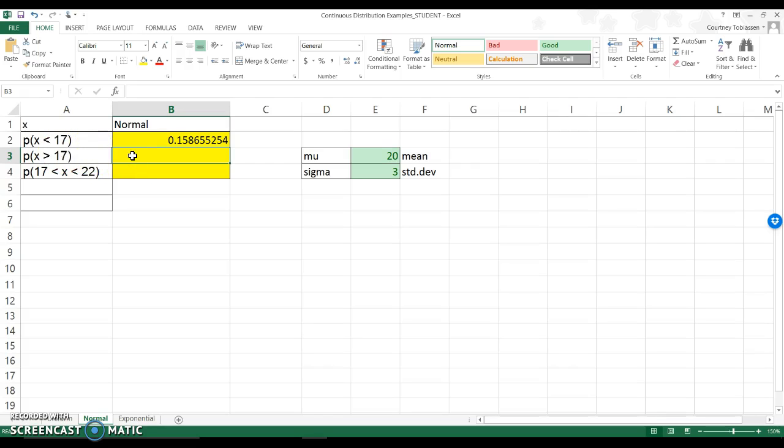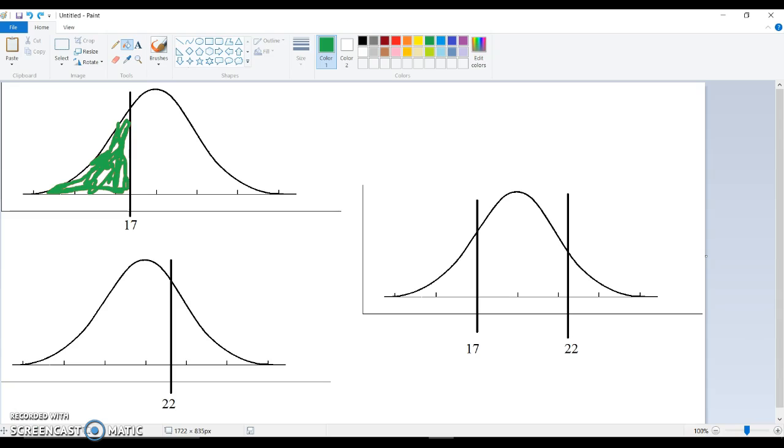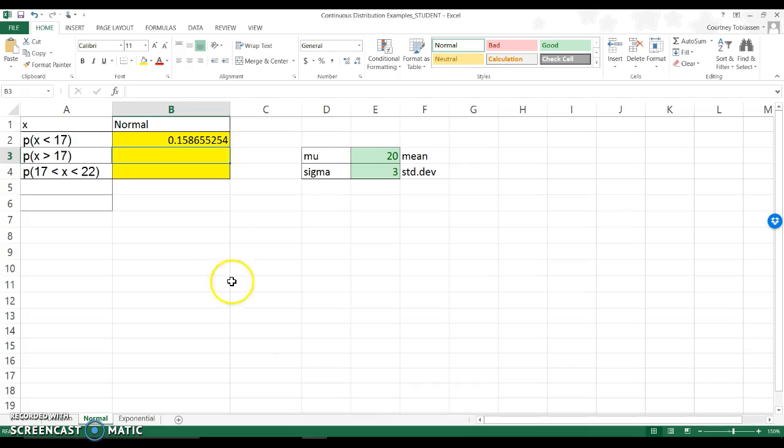If we want to look above 17, which is what this one's asking, we are now saying, what is the area above whatever point we are looking at, which is 17, not 22, sorry. So going back to here, we know that the area underneath the entire curve is 1.